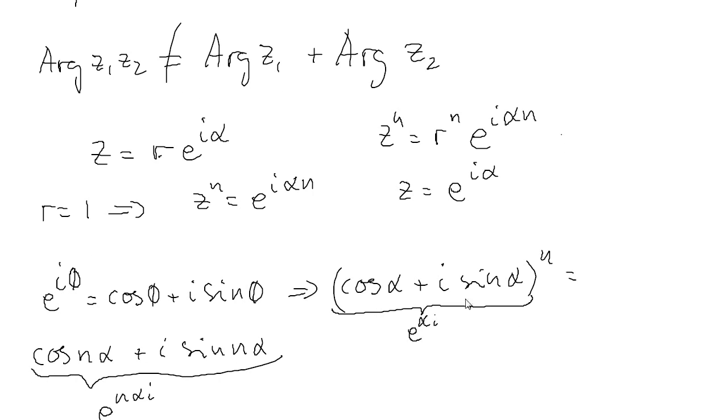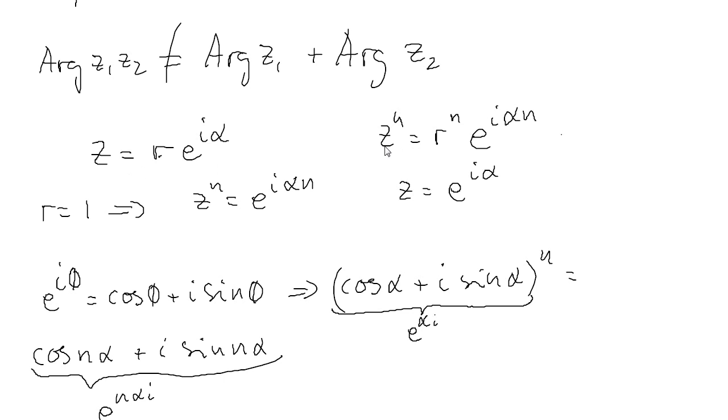Here we have another formula which is somehow important in many cases. It's very easy to derive if we have a complex number in polar form like this.